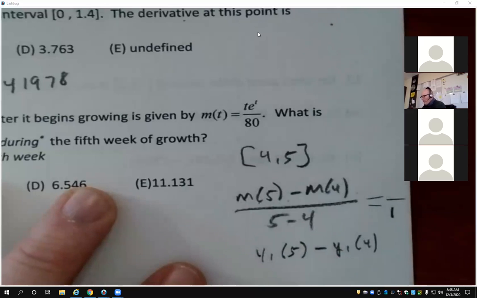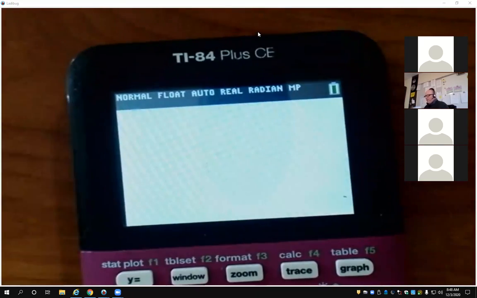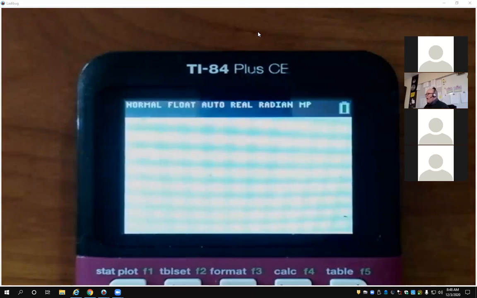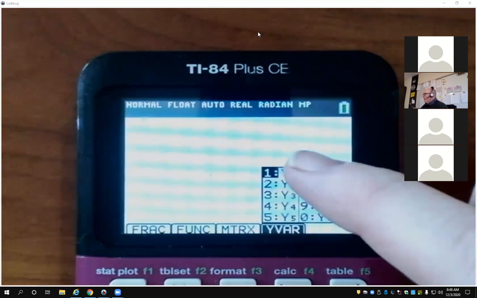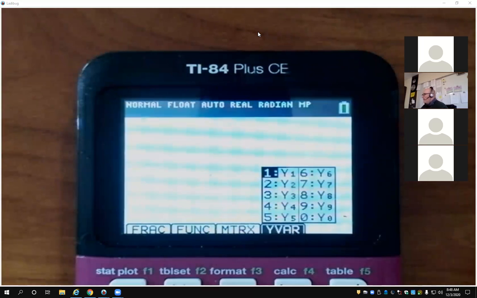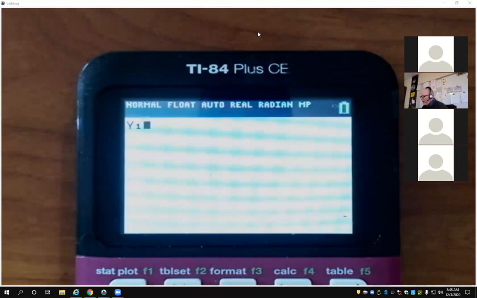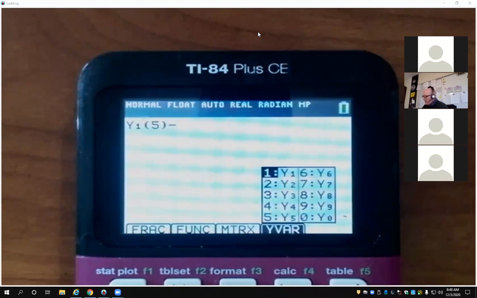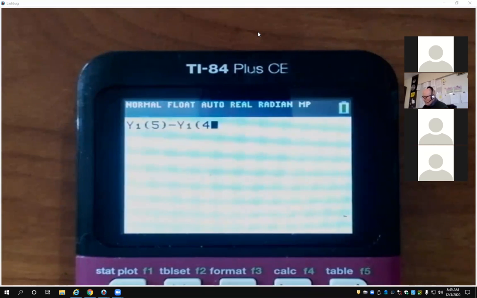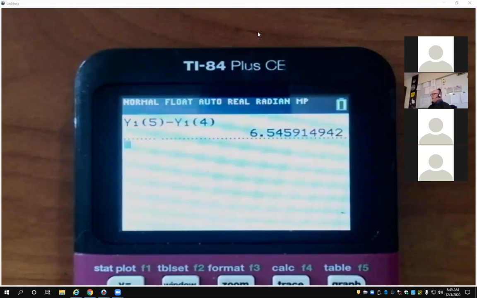On my home screen, just like I can type y1 into anywhere else, if you hit alpha F4, you have a list of y1 through y10. Well, I want to do y1 of 5. And so I just type it in like that, minus y1. So I go alpha trace again, y1 of 4. And it's going to give me that answer.